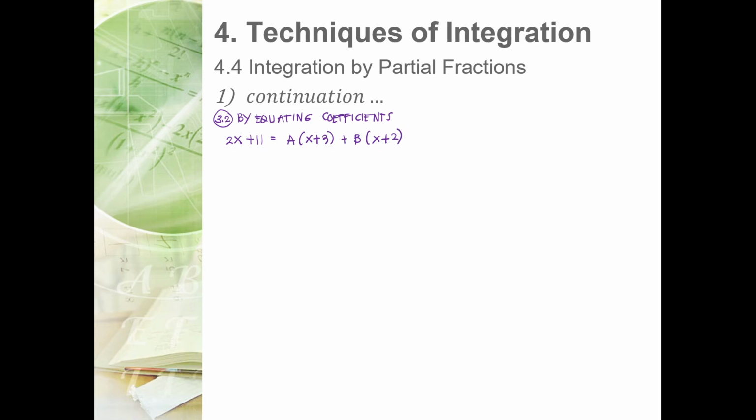In equating coefficients, the process here is we need to expand this term. I think this one is a bit complicated, or a longer process compared to the elimination method, but the advantage of equating coefficients is that you can solve two or more unknowns here.